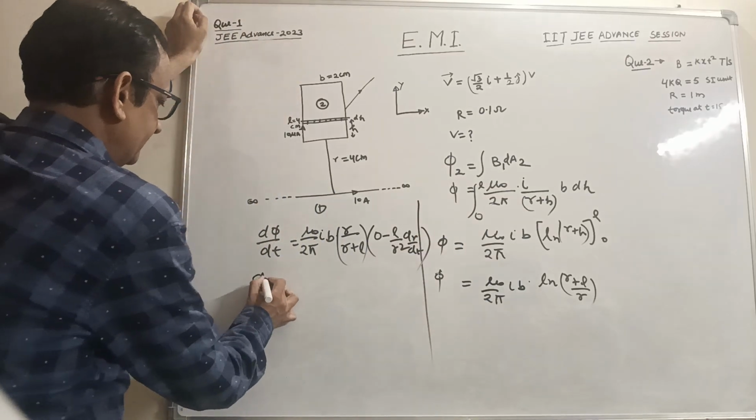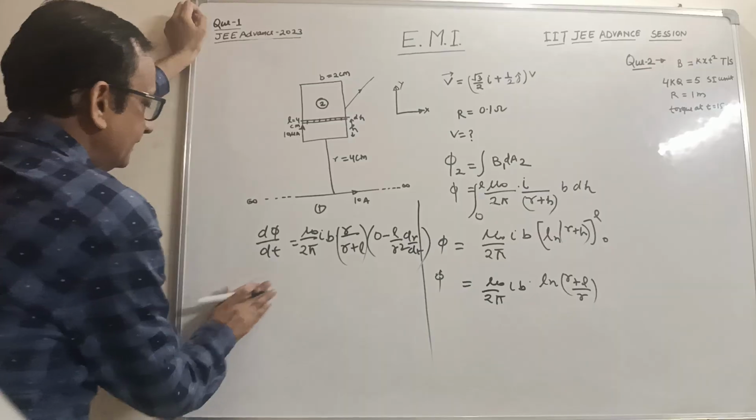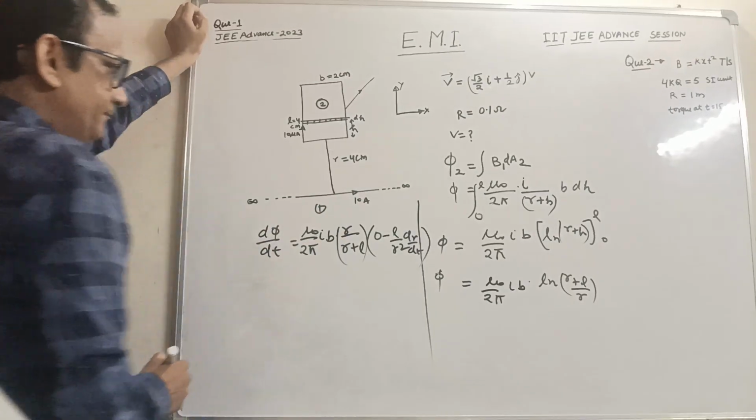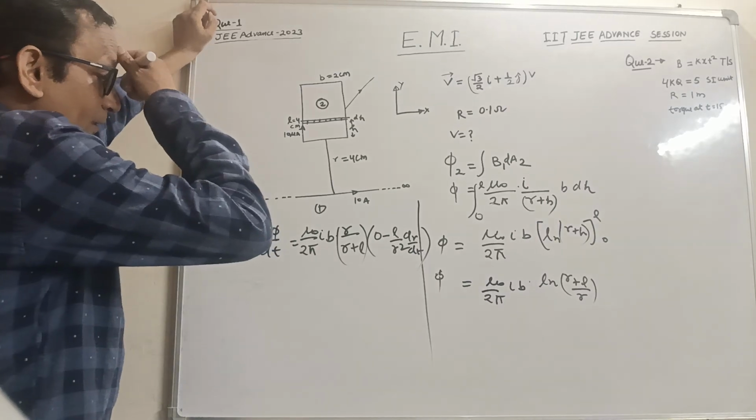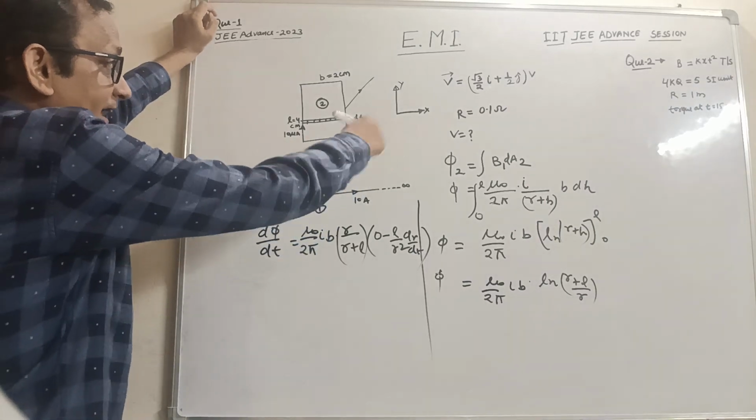So d phi over dt gives the induced EMF, minus d phi over dt, and E is equal to IR.